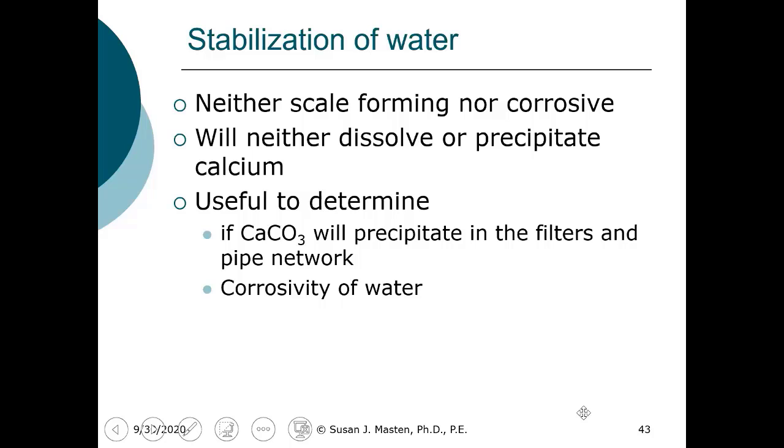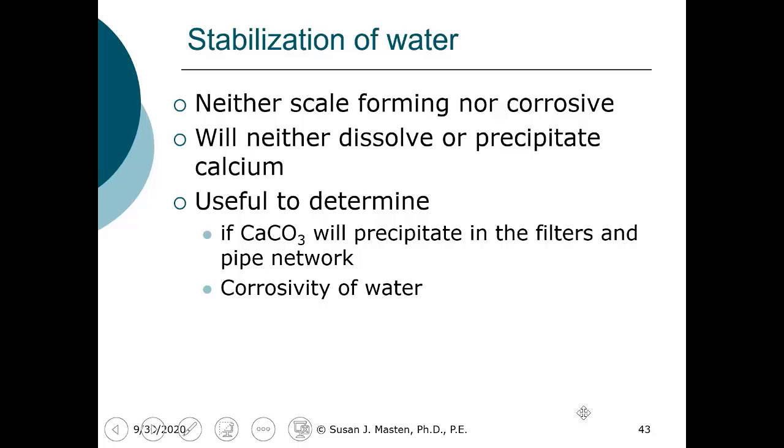We don't want pipes dissolving. We don't want plumbing fixtures to start dissolving. We don't want metals being released from these fixtures, and these metals can include lead, nickel, chromium, cadmium. These are metals that are produced or used in the production of plumbing materials. So we want a water that will neither dissolve nor precipitate calcium.